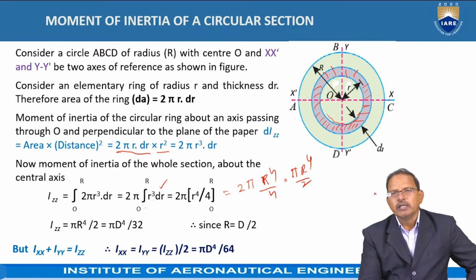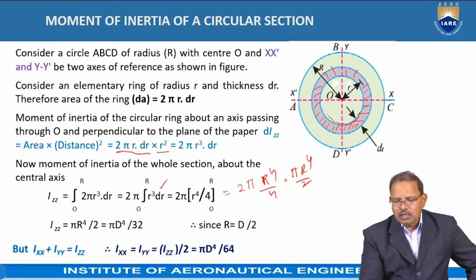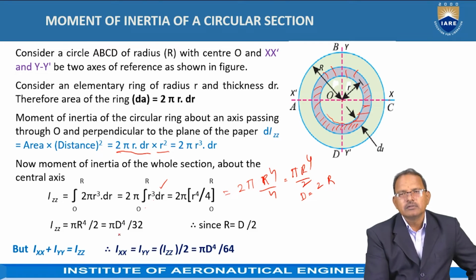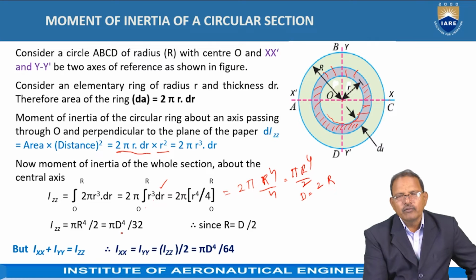That is I_z. But if d is the diameter, which is equal to twice the radius, 2R, and we substitute this in the equation, we get pi d to the power of 4 by 32.